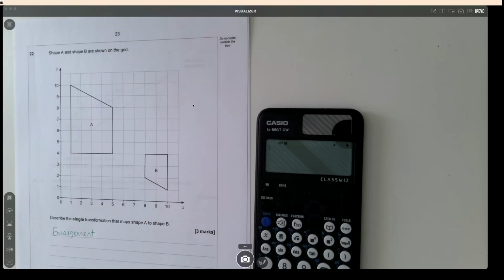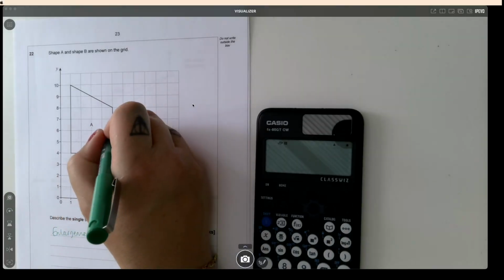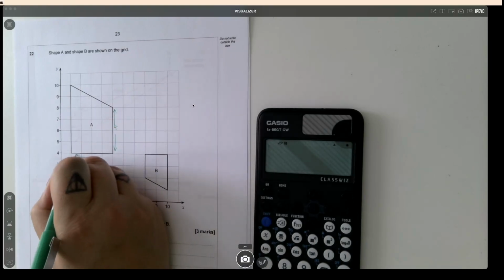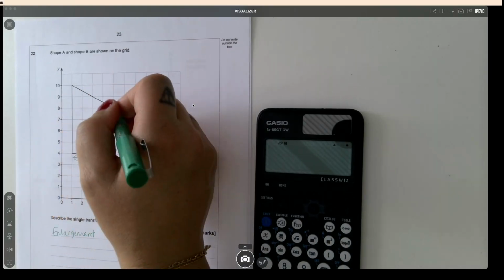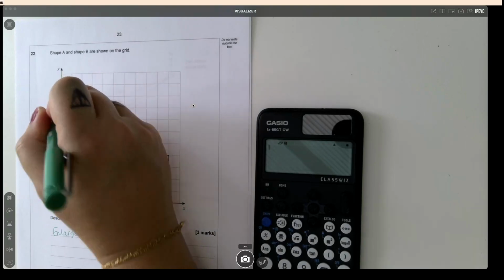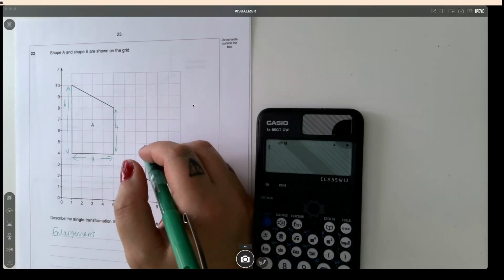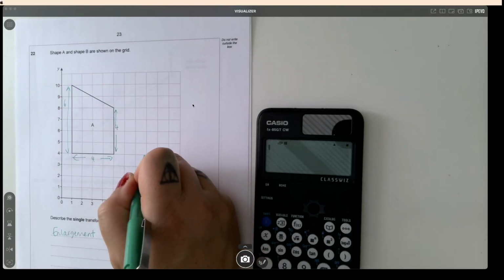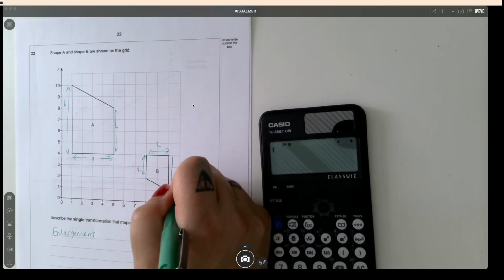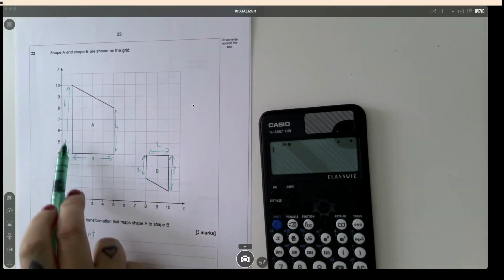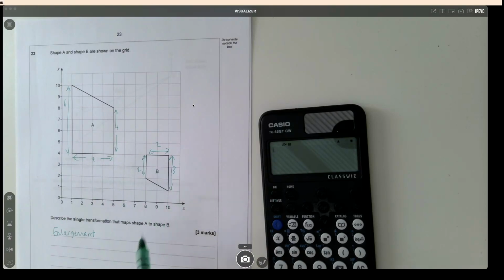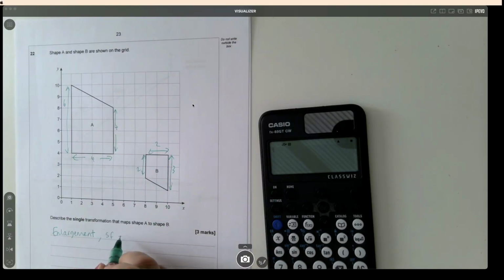So first things first, so 4 from here to here, 4 from here to here, and then 6. And then the corresponding sides here, we've got 2, 2, and then 3. So everything's been halved. So it's a negative scale factor of a half. So it's a negative half.